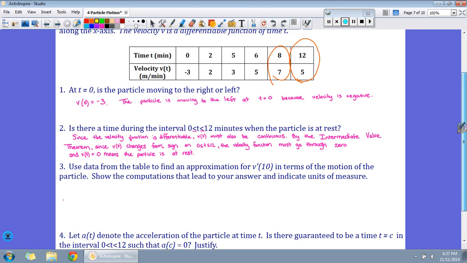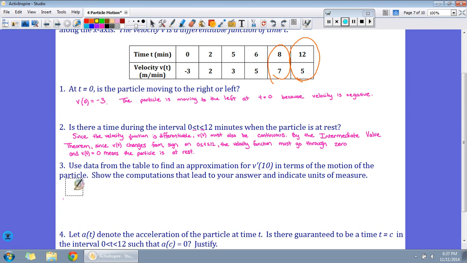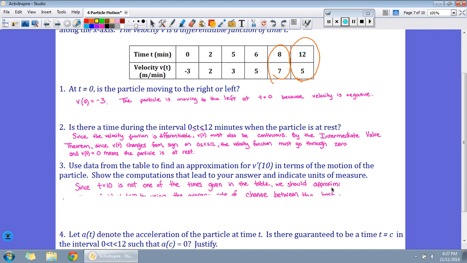So what we're going to do is approximate the derivative using the average rate of change formula. Since t equals 10 is not one of the times given in the table, we're going to approximate the derivative of v of t by using the average rate of change between the best data available, between t equals 8 and t equals 12. So v prime of 10 is approximately v of 12 minus v of 8 over 12 minus 8.